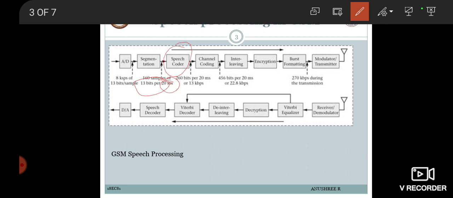The speech coder yields 260 bits per 20 milliseconds or 13 kbps, whereas channel coding yields 456 bits per 20 milliseconds or a 22.8 kilobits per second data rate. Interleaving, ciphering and burst formatting yields 156.25 bits per time slot. This yields an overall data transfer rate of about 270.8 kbps over a GSM channel.